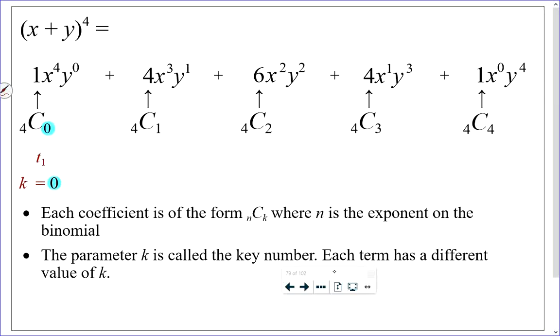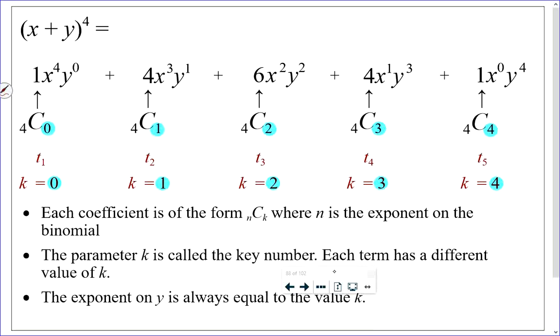The second term has k equal to 1. The third term has k equal to 2, k equal to 3, k equal to 4. So they all have different key numbers. N is like a constant for all the terms, but k is like a variable. Each term has a different k.